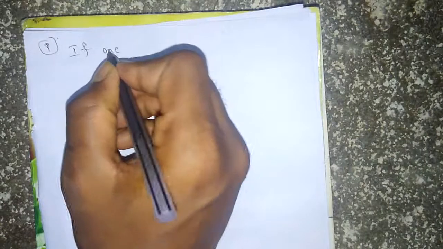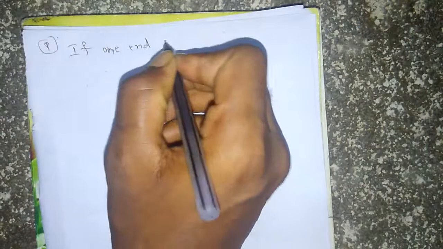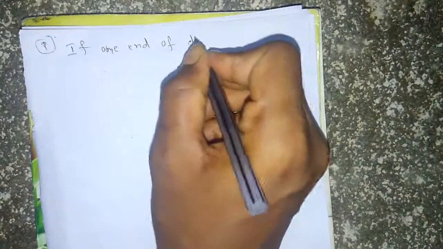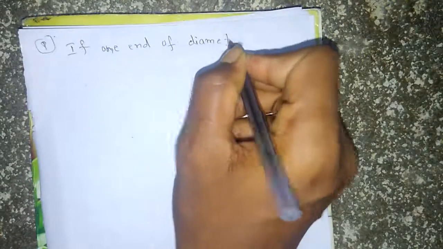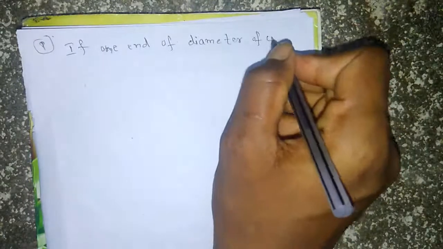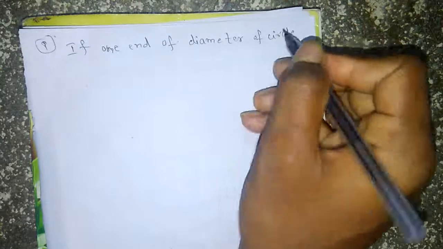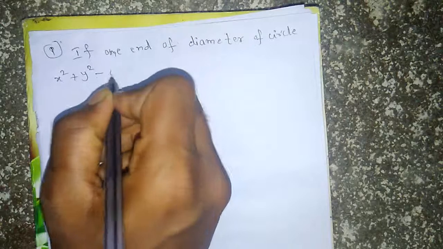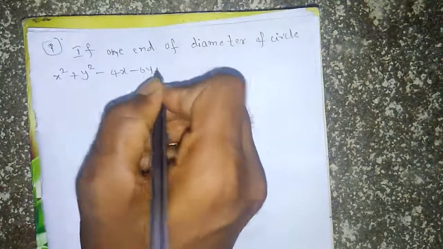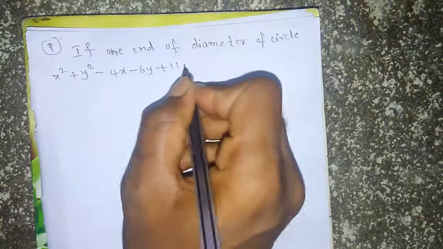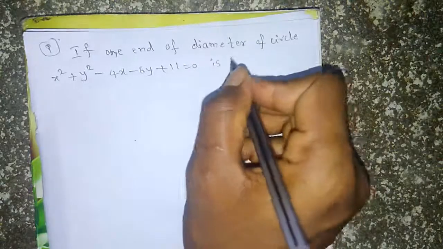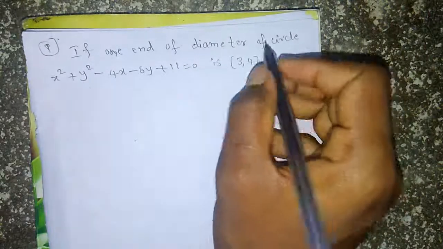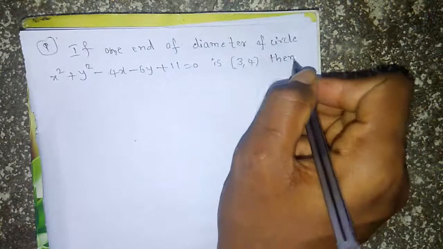Our next problem is, if one end of the diameter of circle x square plus y square minus 4x minus 6y plus 11 is equal to 0 is 3 comma 4, then the other end is.